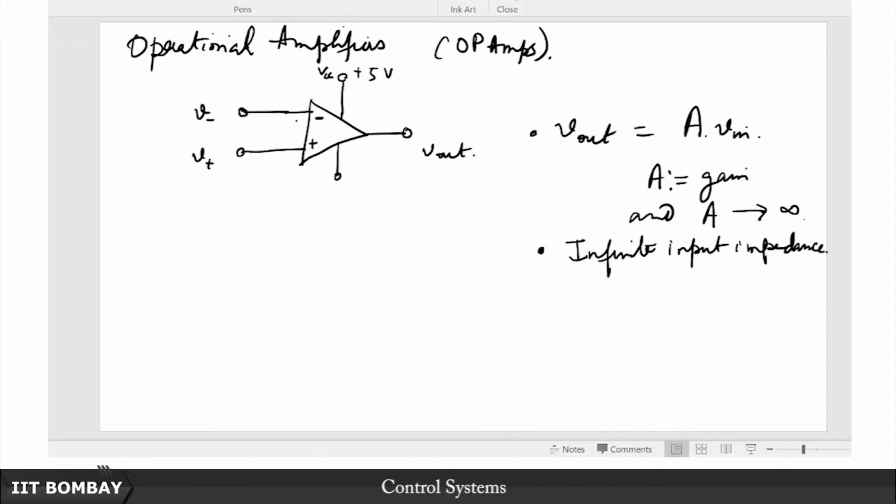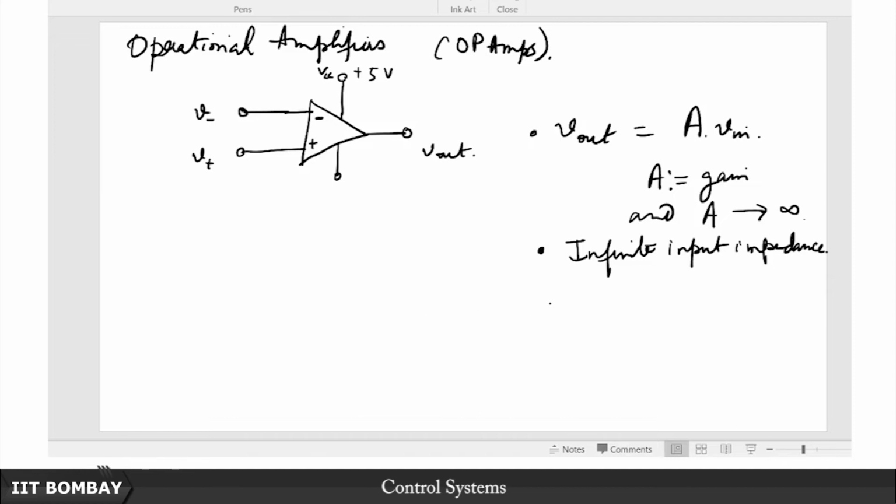An infinite impedance means it is basically an open circuit. So current cannot flow through an open circuit. If you attach a voltage source to it, there will be no flow of current into that block because it is an open circuit. So an infinite impedance means that it will not draw any current towards itself. That is the idealization.